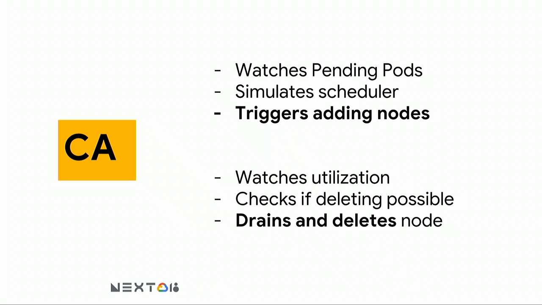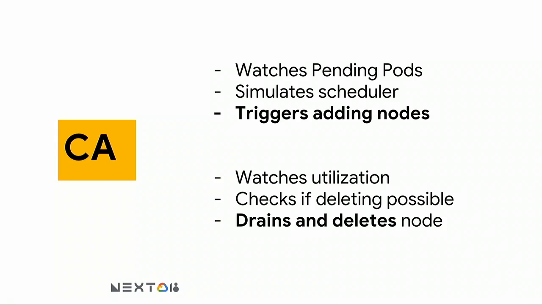Then it simulates the scheduler by trying to look into what would have happened if I added one or two or three nodes. Would the deployment actually land, and would all of the pods be scheduled? If that's the case, then yes, Cluster Autoscaler triggers adding nodes. This is done by the part of the infrastructure, but the decision comes from the Cluster Autoscaler.